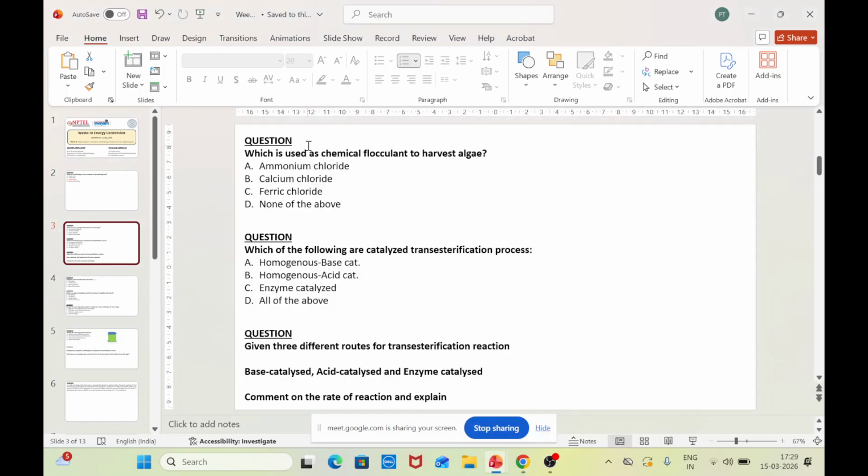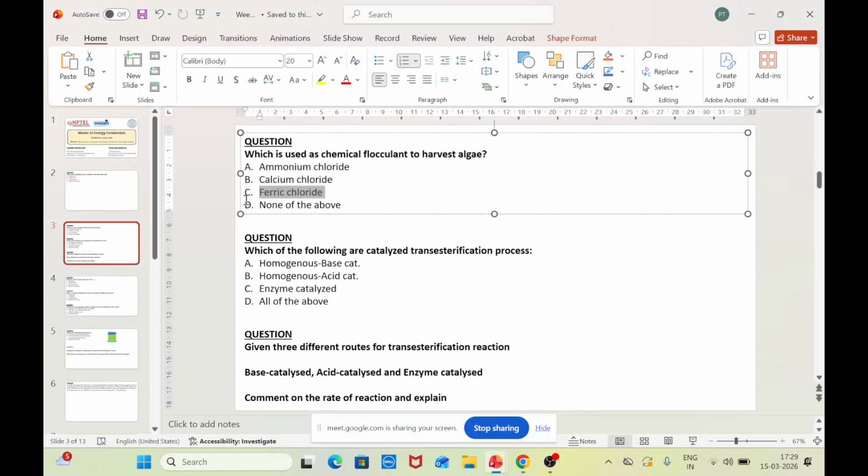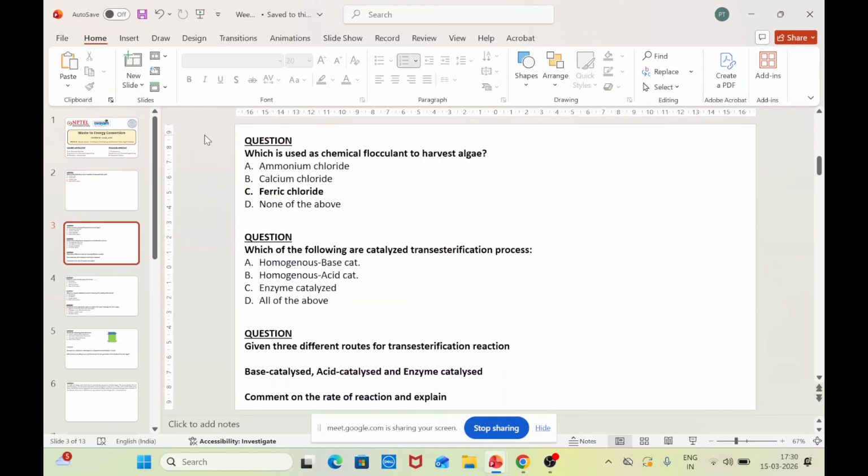Ferric chloride, someone has said. Okay. But what is a flocculant? Okay, let me not mark it then. What is a flocculant? I mean, first, what is meant by a flocculant? Then we will see the answer.